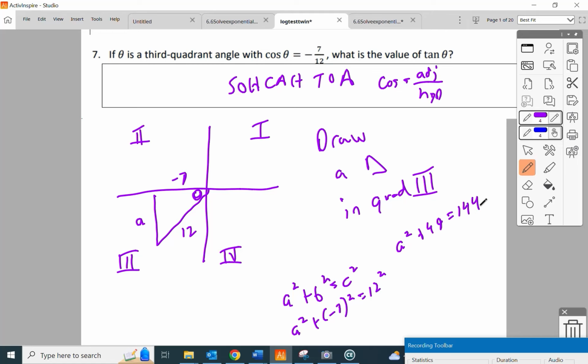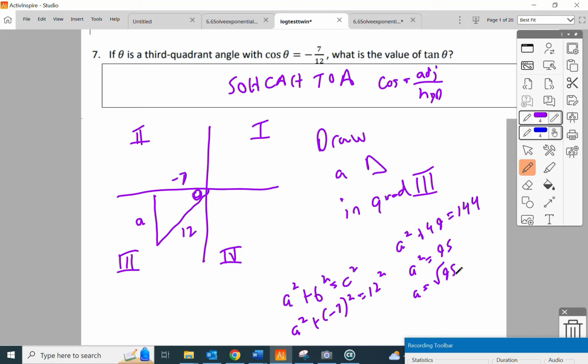I guess I'm wrong. It's not a special pattern. If you subtract 49, I think you get 95. Interesting. So A is root 95.